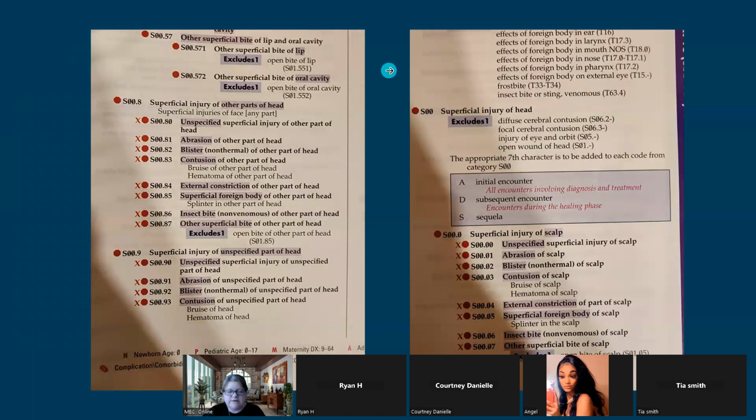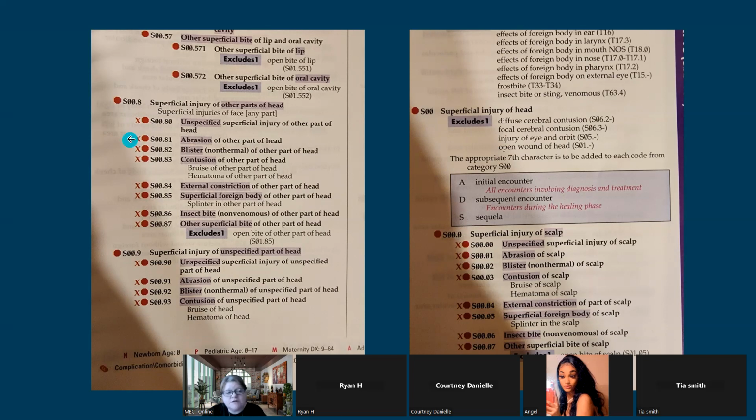All right, so this is one of those fun ones. You see all these little red X's? That means if you use one of these codes, it's got to be done out to the 7th character. It's got to be 7 characters long, and there's going to be an X somewhere in there, at least 1, possibly 2, depending on how specific we can be.